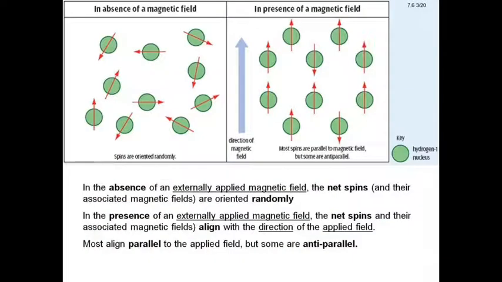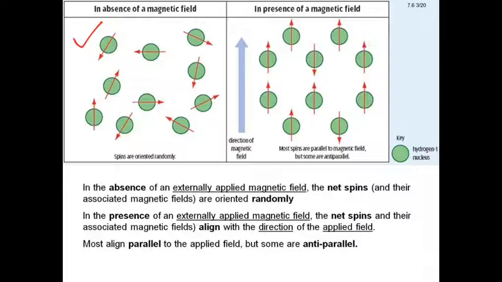Alright, now, this slide shows you that in the absence of an externally applied magnetic field over here, all the atoms are running around with random directions of their magnetic field, their spin, because they're rotating in random directions about their axis.